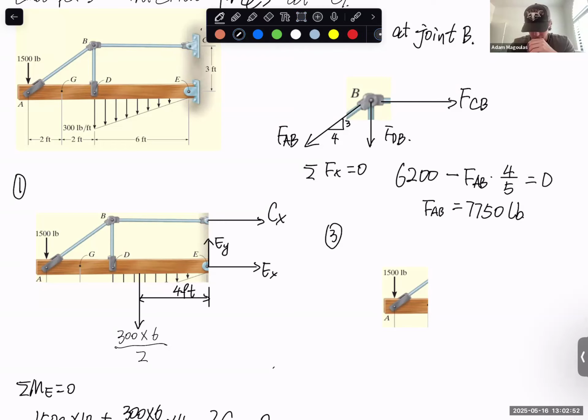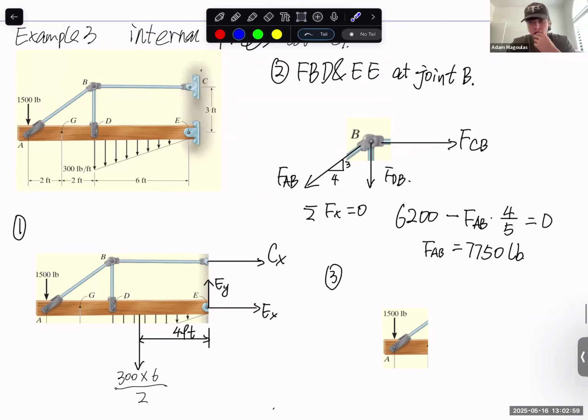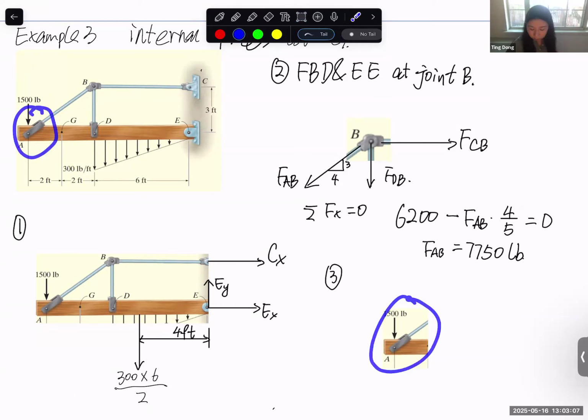Why is it that we're only concerned, at least right now, with the X component for AB? We are only concerned about, as I said, when you take this section, you need to calculate the force applied by the AB to the beam AE, right? This is the only one you need.